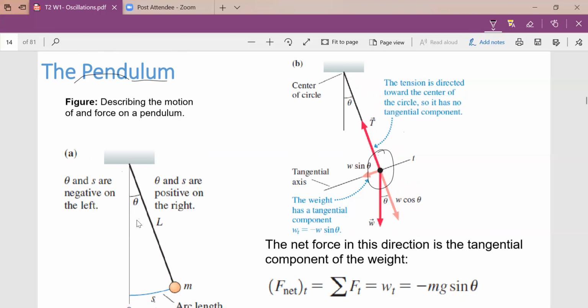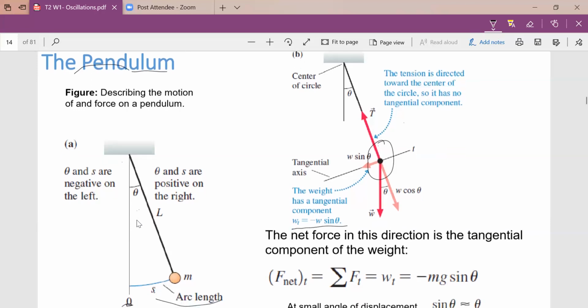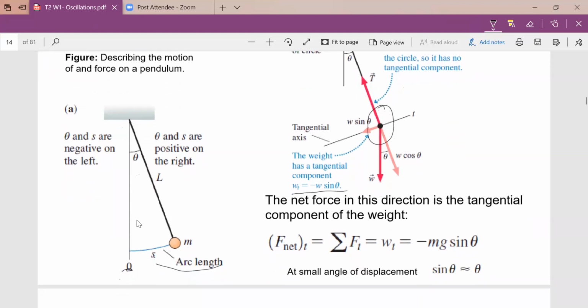And the tangential component is described with the expression minus W sine theta, where W is the weight. Okay. Now, we see that the tangential component of weight is actually describing the arc x. So we can establish a relationship there, which we'll see later.